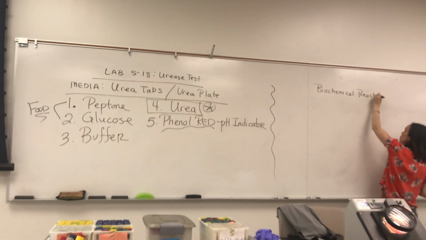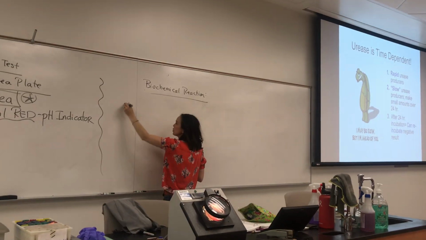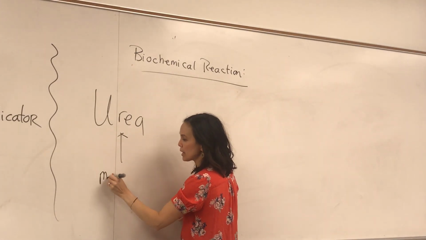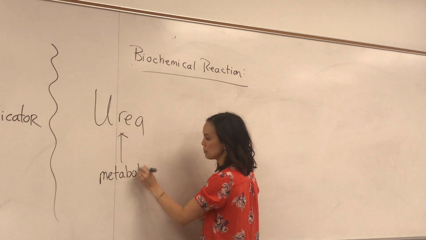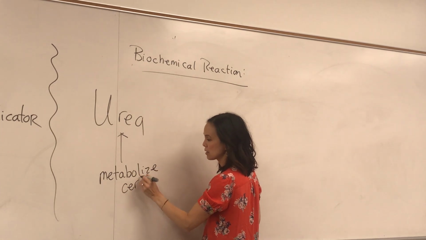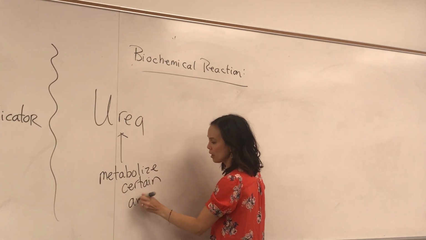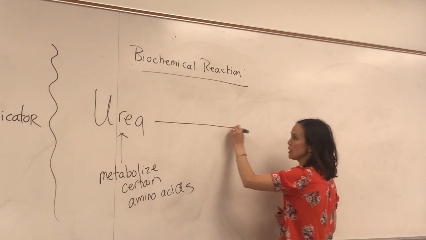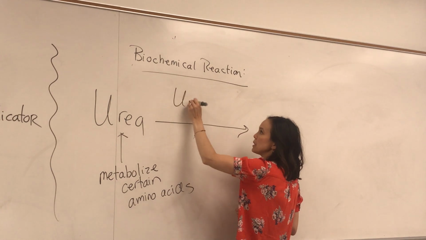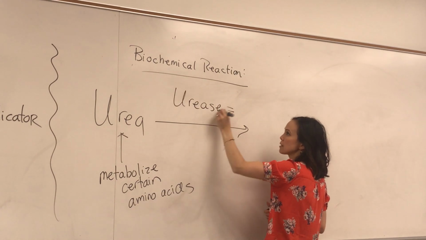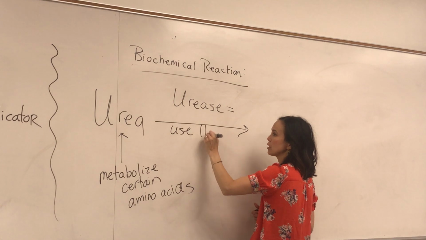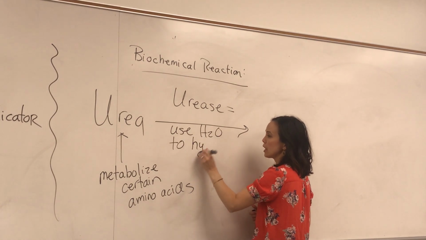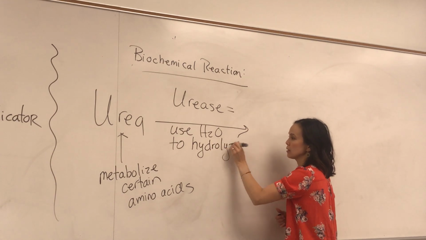So it's more straightforward. We just have the urea. Urea you get in your body when you metabolize certain amino acids. And then we said some bacteria can actually use it and metabolize it using urease. So it'll use water to hydrolyze urea.